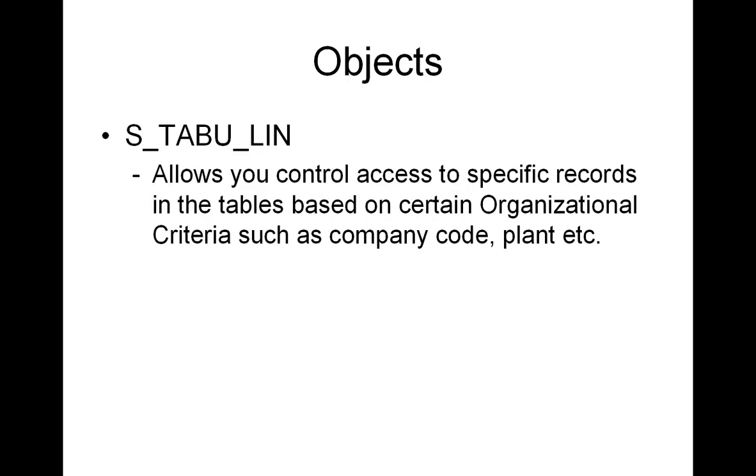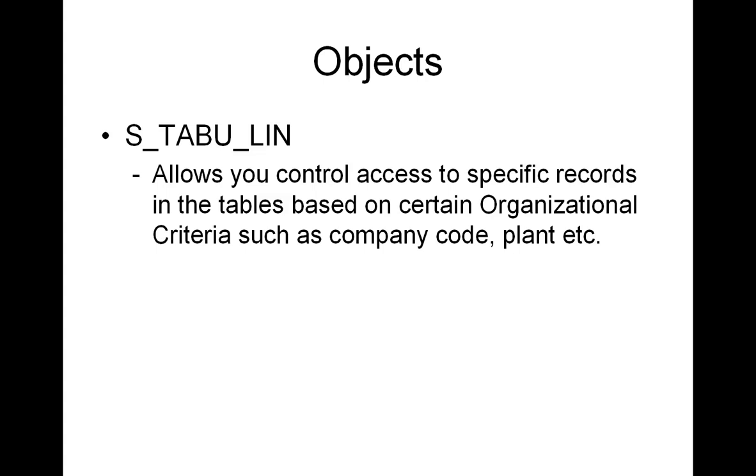And the third object, which is fairly new and was introduced by SAP, is related to line authorizations, which we are going to see. Now, this object allows you to control access to specific records in the table based on certain organizational criteria, such as company code, plant, division, etc. Let's say the table contains 10 company codes.